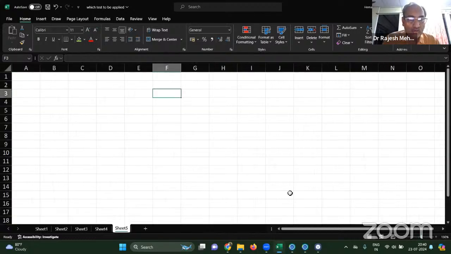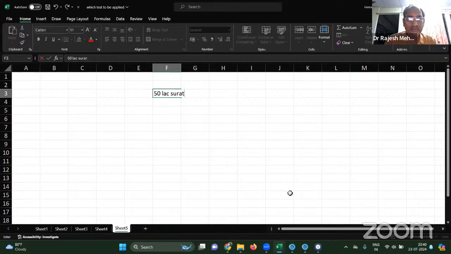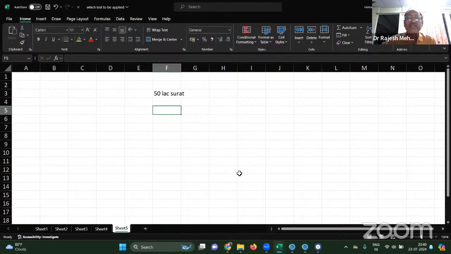There is a population of 50 lakh, let's say Surat, and then we want to take the mean duration of sleep taken by the Surtis. So mean duration of sleep equals 8 hours plus minus standard deviation.